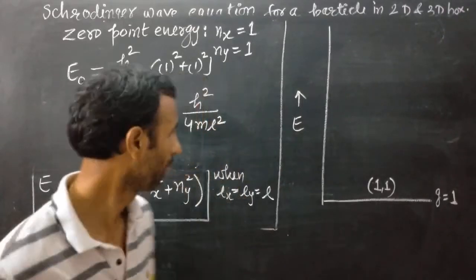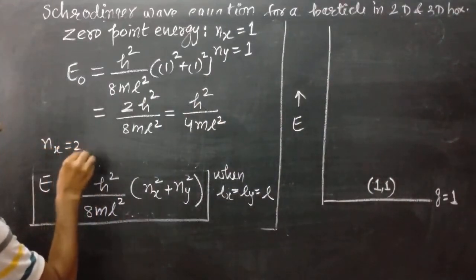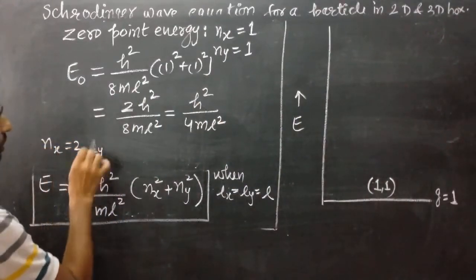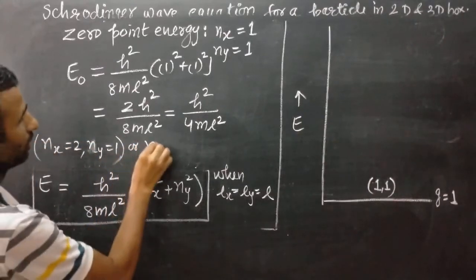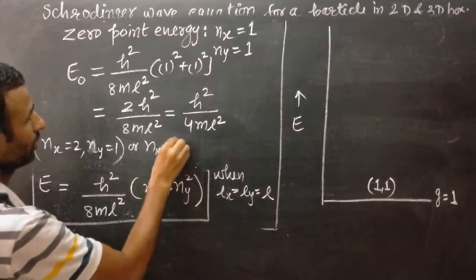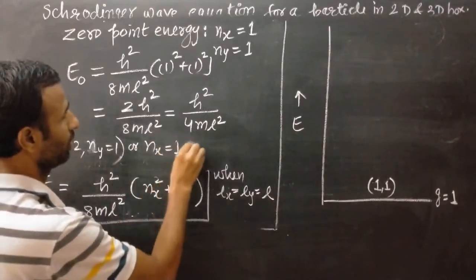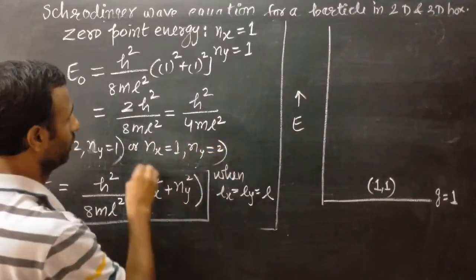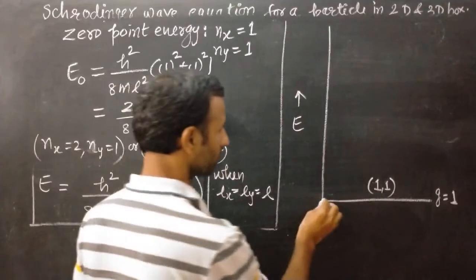For example, if we have nx equal to 2 and ny equal to 1, or nx equal to 1 and ny equal to 2, both have the same energy.